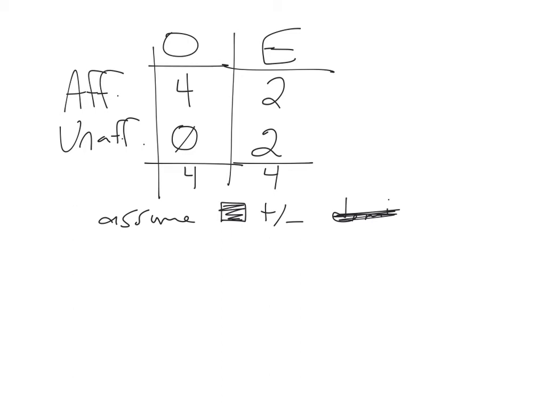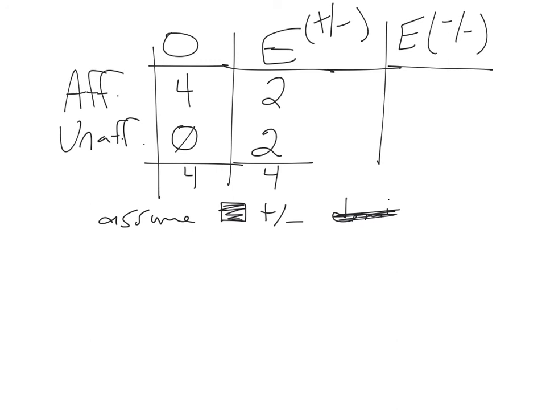The reason that we didn't pick dad's a homozygote as our null hypothesis is, what would that be? So expected if het looks like that. Expected if homozygote looks like what? Which exactly matches our observed values.